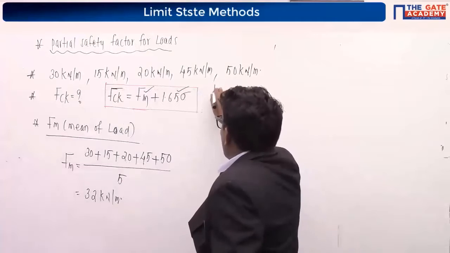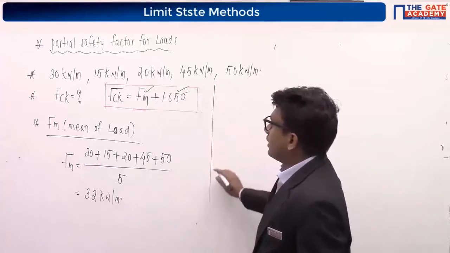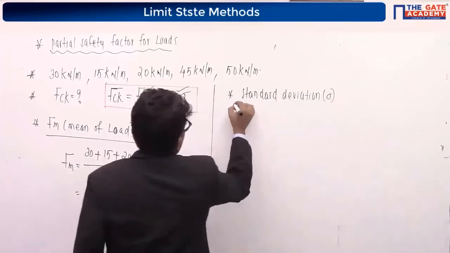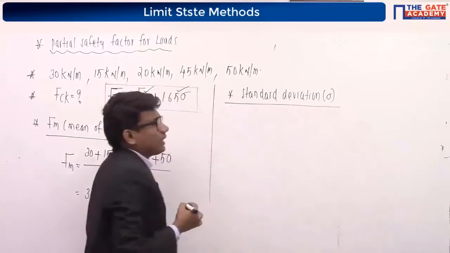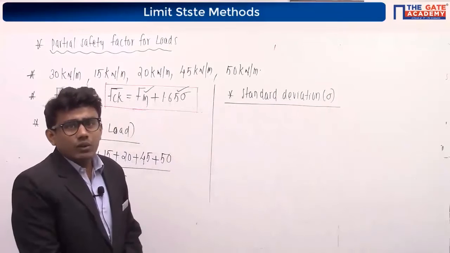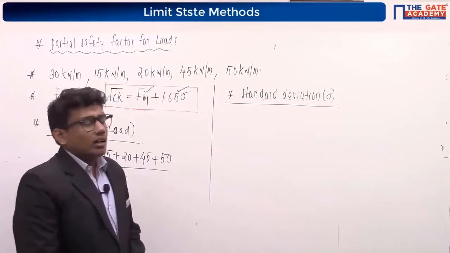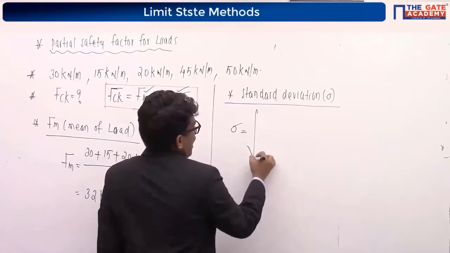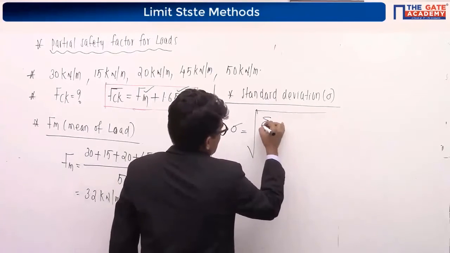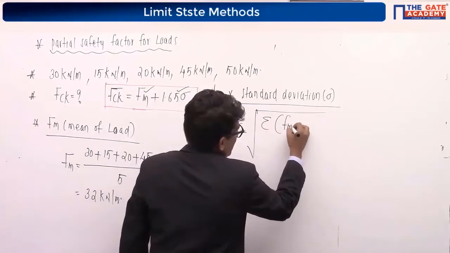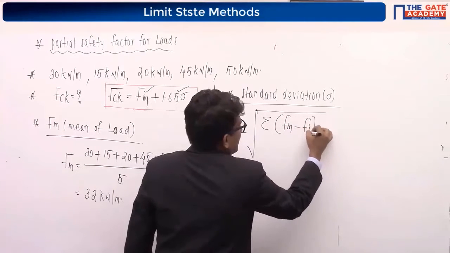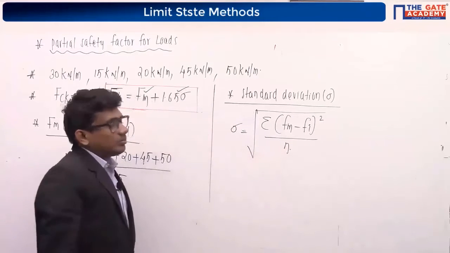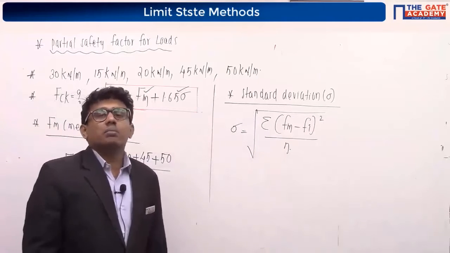So now we have to calculate the standard deviation, that is sigma. How to find the standard deviation? To find the standard deviation, the equation is sigma sqrt of the sum of (Fm minus Fi) the whole square divided by n.